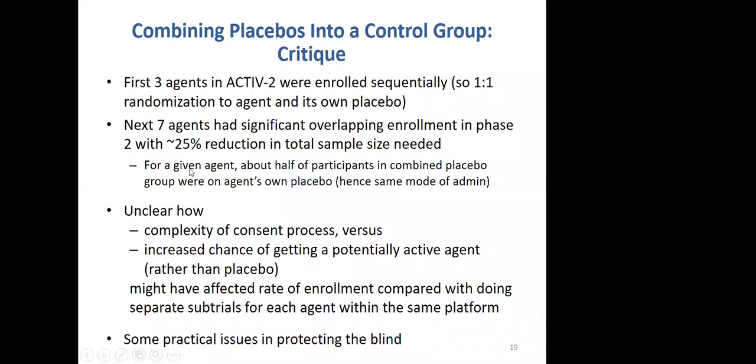So the caveat of that is, for a given agent, about half of the participants in that combined placebo group were on the agent's own placebo, and hence had the same mode of administration, so an infusion, for example.